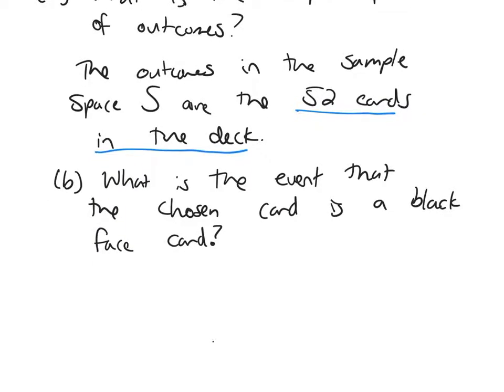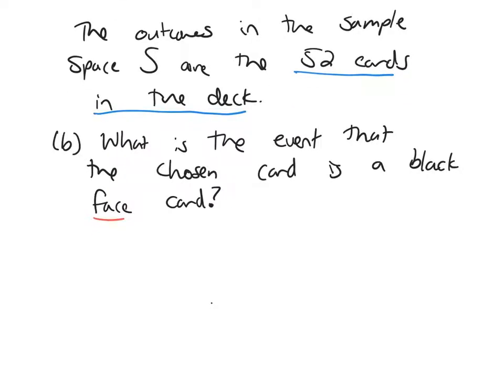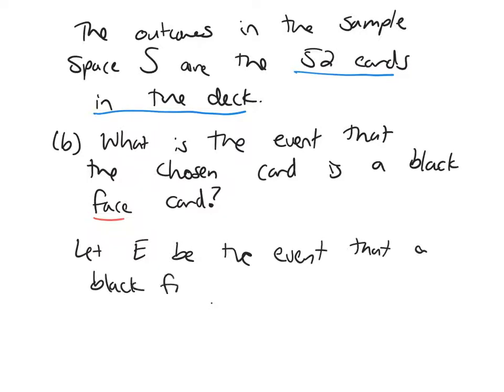So what exactly is a face card? Well, it's either a jack, a queen, or a king. So let's call this event E. E be the event that a black face card is chosen.